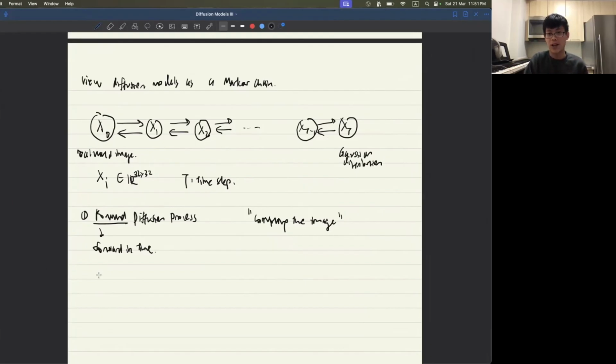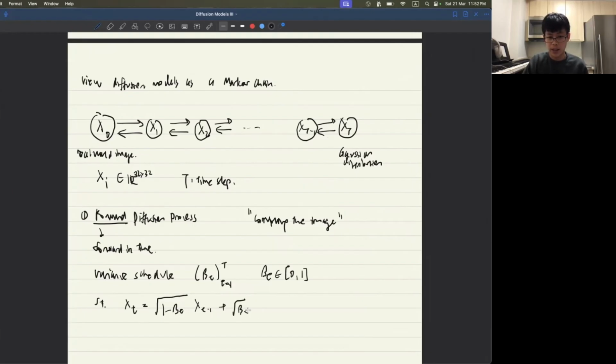And what people have done, and I think this is a pretty straightforward idea, is to have a variance schedule, a collection of parameters beta t from t equal to 1 to T, with beta t being some value between 0 and 1, such that we can define the next state xt as square root of 1 minus beta t times xt minus 1, so some multiplier times the previous state, plus square root of beta t times a noise, normal 0, I.